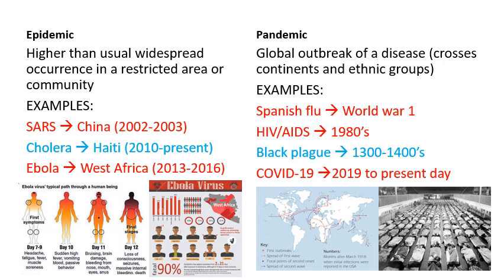All right, thank you for watching that short YouTube video. So basically an epidemic, we're looking at the spread of a particular pathogen within a restricted area or community. So this is where we're looking at different diseases or pathogens being spread within the one country or the one World Health Organization domain.